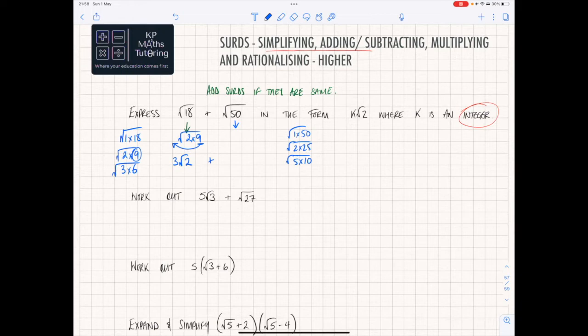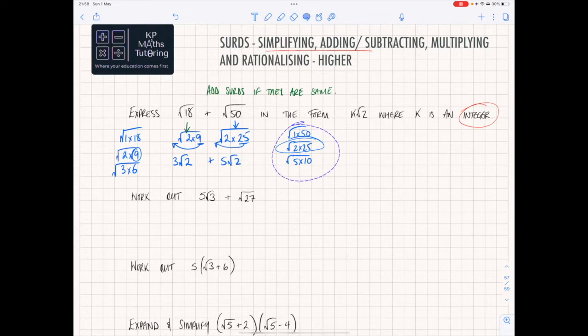So you could straight away think to yourself, square numbers being 4, 9, 16, 25, 36. You should just be thinking to yourself, do any of those numbers go into this surd? So in this case, I'm picking this one. So it's 2 times 25. The square root of 25 is 5, so it becomes 5 root 2.